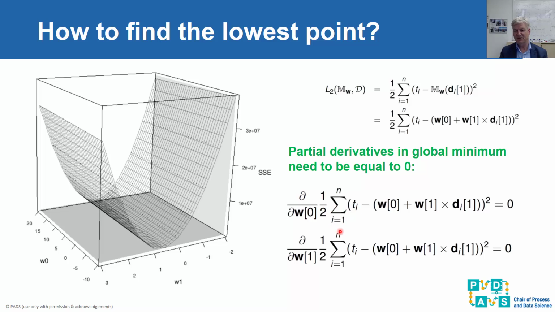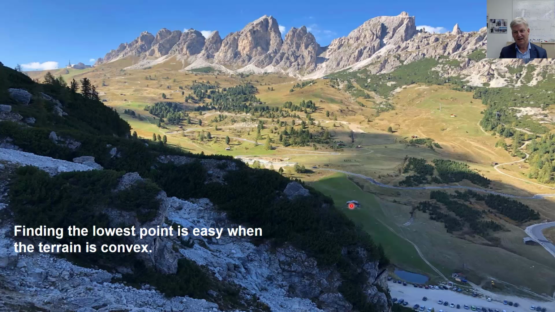If we find the solution for W0 and W1 such that these partial derivatives are equal to 0, then we have found the optimal position with the lowest error. So how does this work? Well, this can be explained very easily.